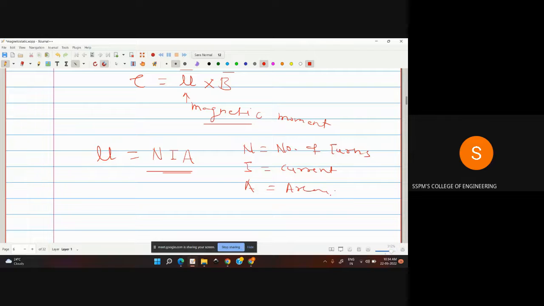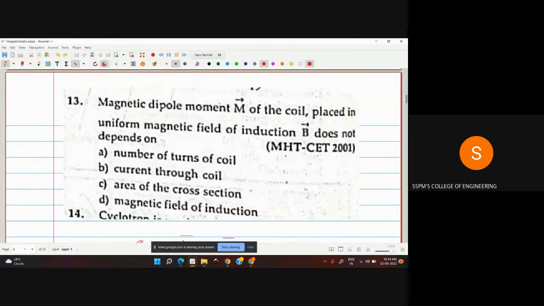Isn't it? See what the question says: the magnetic moment placed in uniform magnetic field B does not depend on what? Does it depend on the number of turns? Yes, M depends on the number of turns, it also depends on current, and it also depends on the area of cross section, NIA.